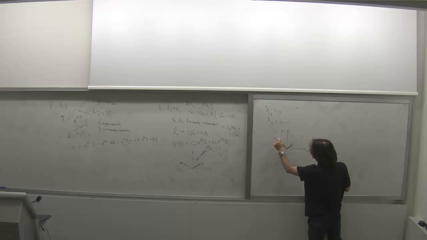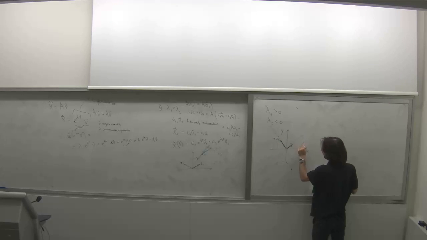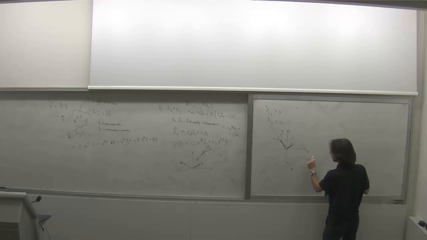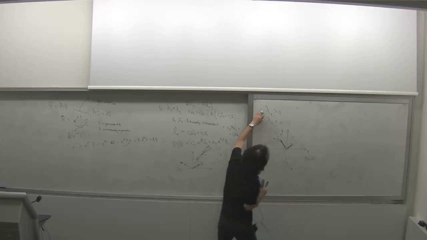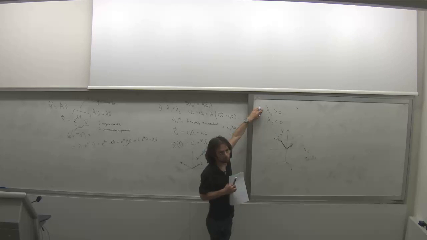So its V2 component will decrease, and its V1 component will increase with time. And this is a saddle point.